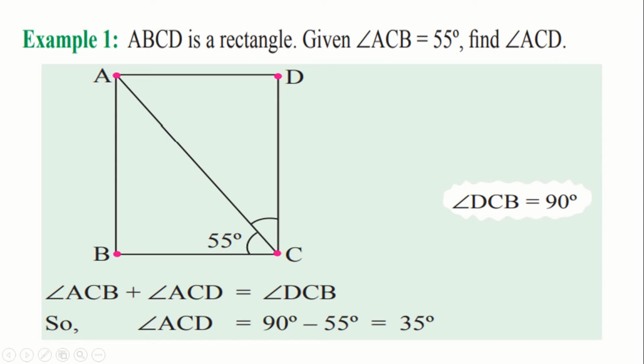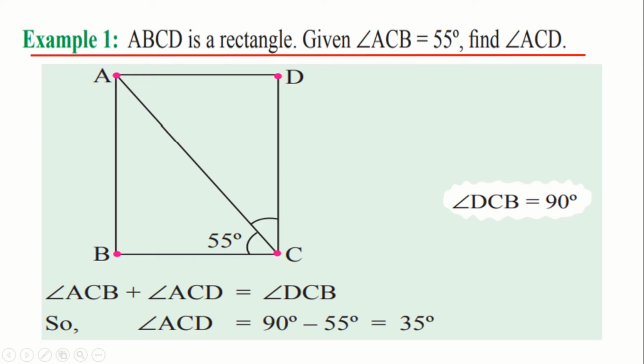Example number 1. ABCD is a rectangle. Given angle ACB is equal to 55 degrees. Find angle ACD. Okay, if this is a rectangle, A, B, C, D, then at letter C you have angle ACB is 55, and you're going to find angle ACD, the other side.